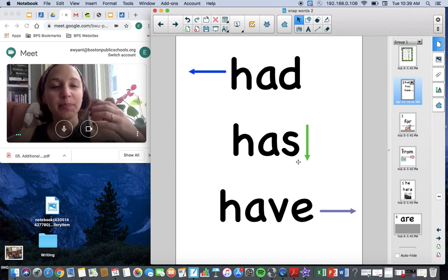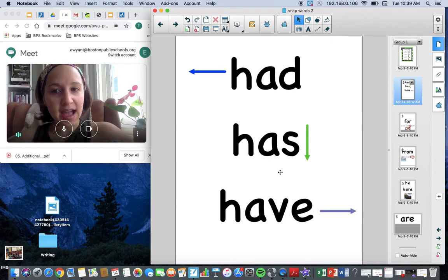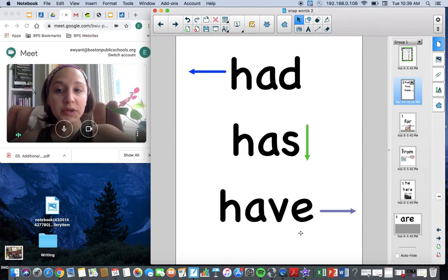As. The S sounds a little bit like a Z. But if you were tapping it out, I'm sure that you could problem solve and figure it out. So we had, has, and the third word is have. All 3 of these words mean to own something, for something to belong to you. But we use them in different situations.